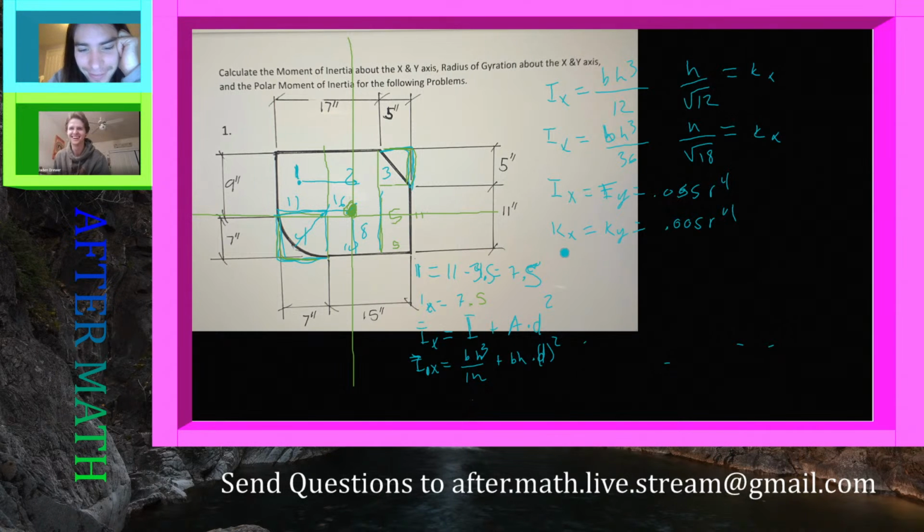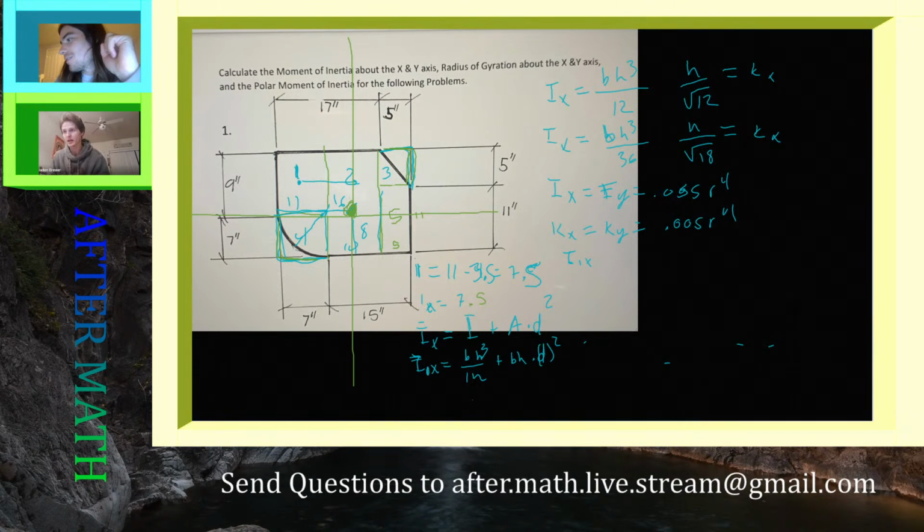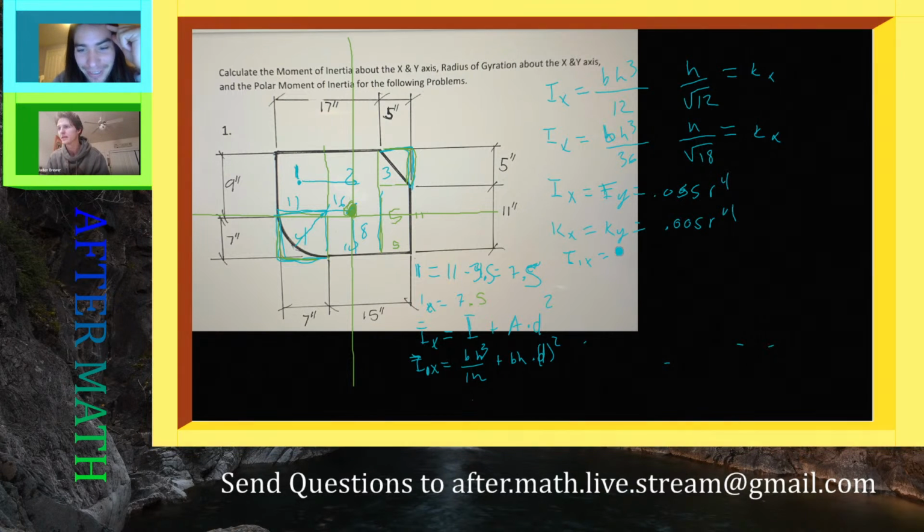So if we go ahead and do I1 x, we start solving that. So we get I of x equals base times height.